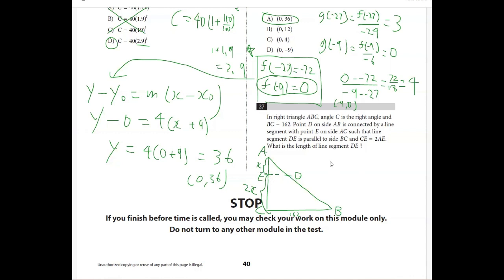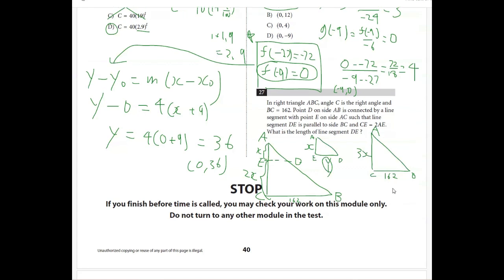So I'll go ahead and write the two triangles out here. So we have x and we have an unknown, y here, that we're trying to determine. And this is AED. And we have another triangle here, CBA. And we have 3x, and we have 162. We know what the ratio is.